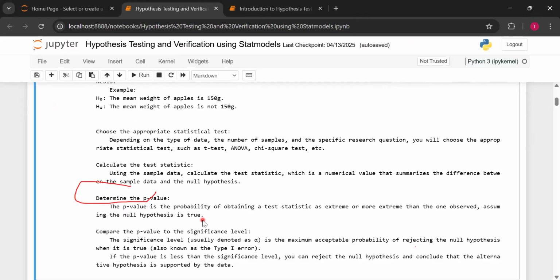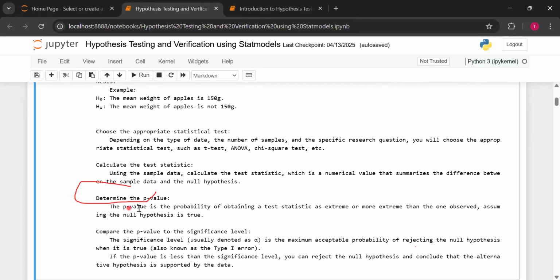That's the concept. So 95% gives us an alpha value of what? 0.05. While a 90% confidence level gives an alpha value of what? 0.1. Then 99% gives us 0.01, in that order.